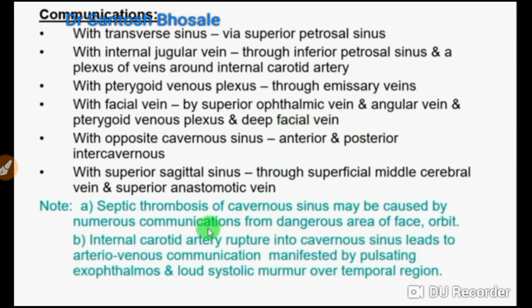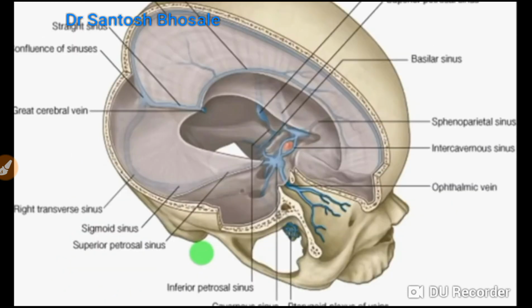Because of its contents and relations, cavernous sinus is very important. Any thrombosis of cavernous sinus may cause damage to these cranial nerves, especially these trochlear, oculomotor, and abducent nerves, which supply the extrinsic muscles of the eyeball. So any cavernous sinus thrombosis may cause ophthalmoplegia, paralysis of the extrinsic muscles of the eyeball.